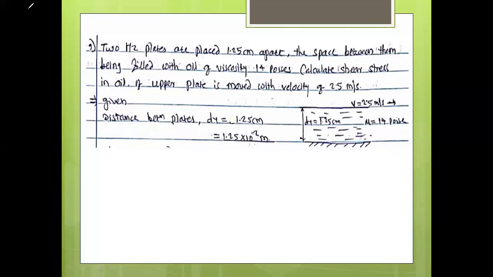This is the problem. Read the problem, write down the given things. What is given? Two horizontal plates are placed 1.25 centimeter apart. Here in the diagram you can see we have drawn the diagram.